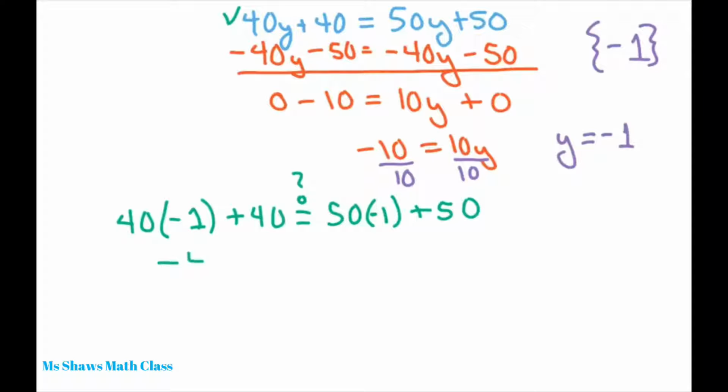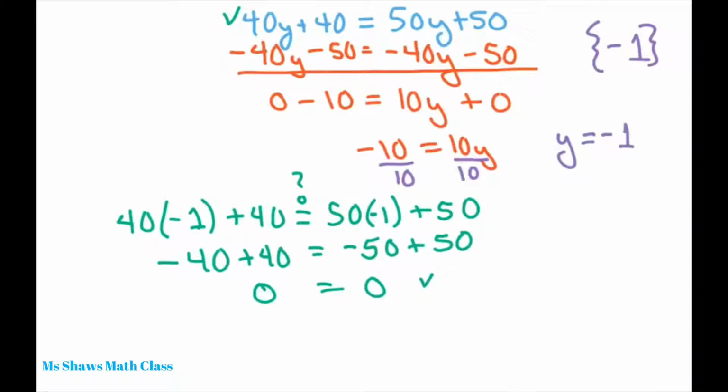So on the left-hand side of the equation, we get negative 40 plus 40. On the right-hand side of the equation, we get negative 50 plus 50. So this is 0 equals 0, which checks out. So negative 1 is our solution.